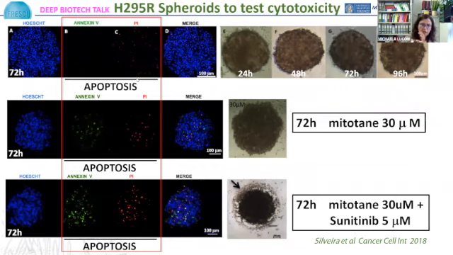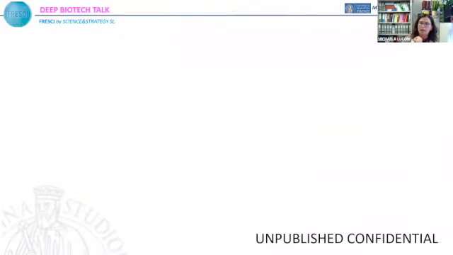You can see here that when you put these two drugs together, you can stimulate apoptosis in these spheroids, not organoids, derived from H295R cells. But actually, this type of spheroid has not been so well characterized in this work.